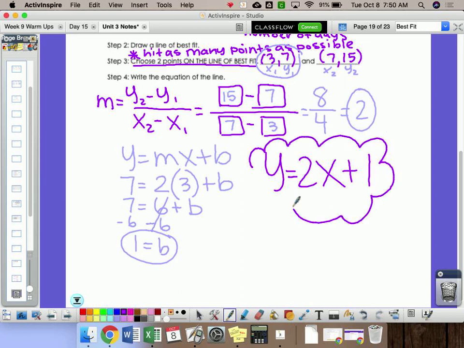Now, if I would have chosen different points, I may have gotten a little bit of a different equation. It's not going to be completely different. I might have gotten a slope of 2.5 and a b of 0.5 or 1.5.